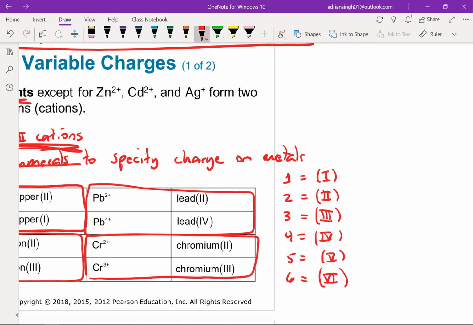For the Roman numerals, those are the most common ones that we'll encounter. It's not that you can't have 7 or 8, for instance. You can, but these are going to be the most common ones that we're going to see. Right, and we put them in parentheses.